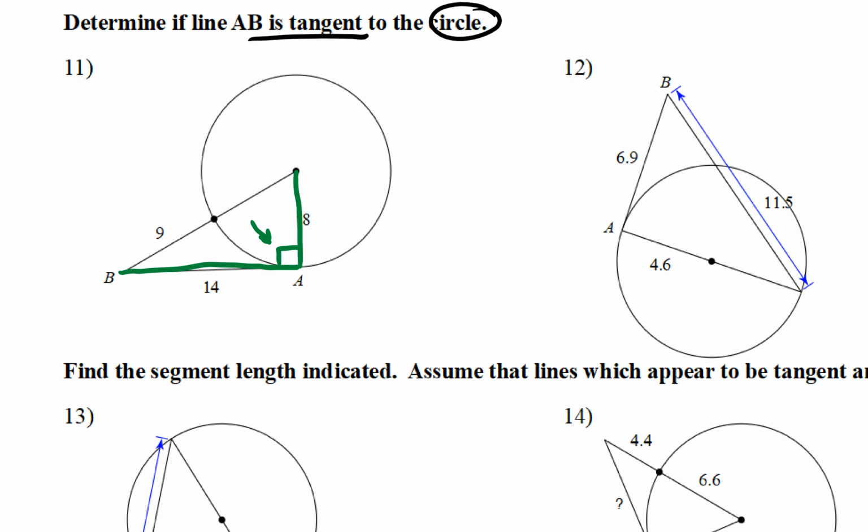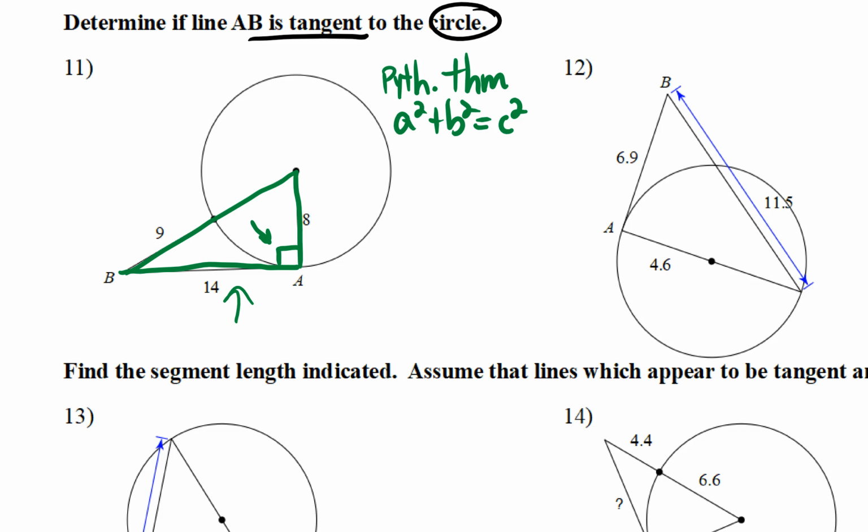To prove this is a right angle, I need to show that this is a right triangle. I can do that by using the Pythagorean theorem, a squared plus b squared equals c squared. All I need to do is put in the numbers I have from this shape and see if the Pythagorean theorem holds true.